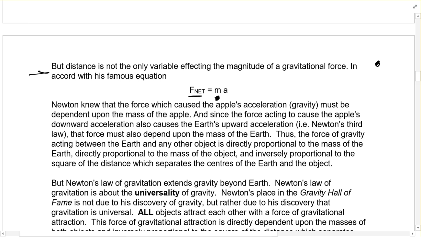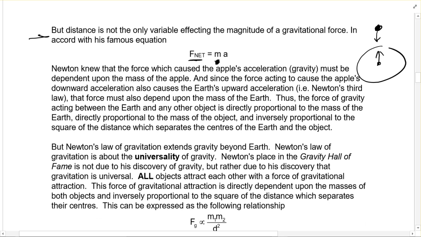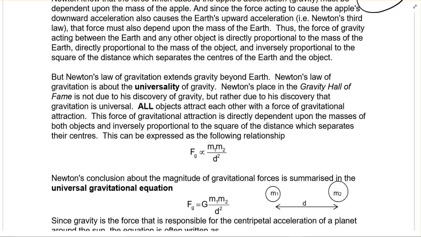So if I had the apple and then the Earth, remember with Newton's third law that if this apple falls down toward the Earth, the Earth falls up toward the apple. So both of these masses need to be taken into account. So we knew that mass was involved, and he also said that it applies universally. So it's the universality of gravity, or the universal law of gravity.